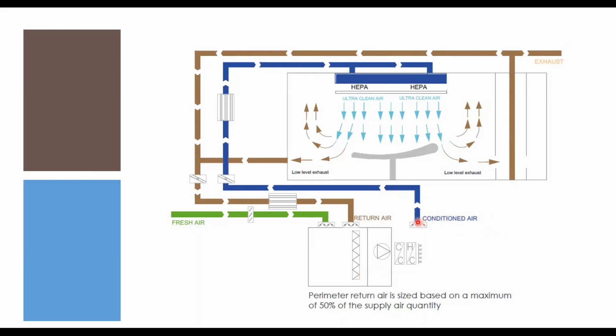The air from the air conditioning ventilator goes into the first filter I mentioned just now, and then into another filter, the HEPA filter, before being pushed laminarly onto the patient in the operating theater. Then the air flows either out to the exhaust fan, or some of it recirculates into the system.